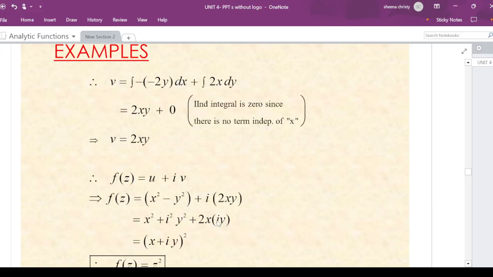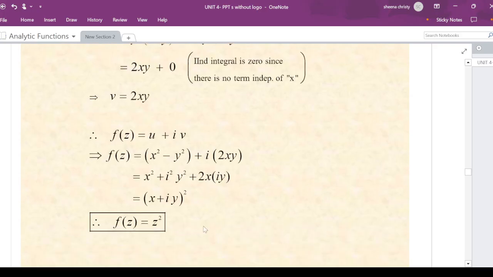So 2x into iy. So you can write it as x plus iy the whole square, which gives you x square plus i square y square plus 2x iy. So this gives you z square. Why are we writing like this? It is a function of z. Therefore, the right hand side also should be in terms of z. That's why we are doing the modification like this. So f of z we are getting as z square.